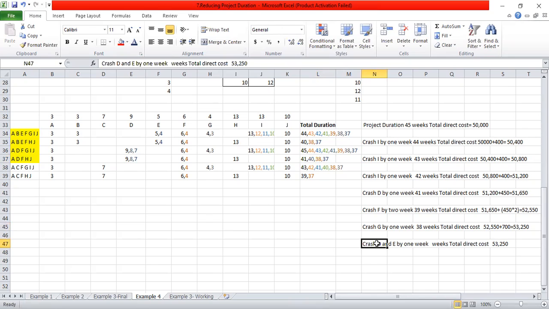So crash D and E by 1 week, and the value now becomes 37.